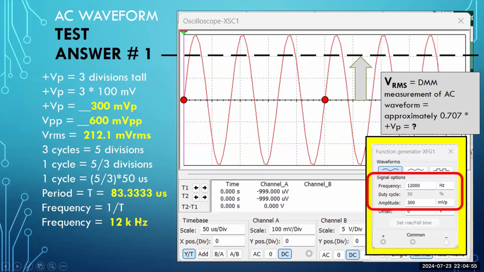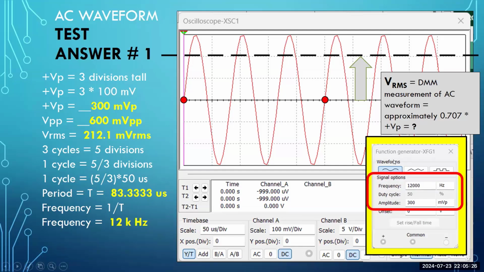So in order to do this correctly, as you look at the time base is 50 microseconds. And then you multiply that by the value of 5 divided by 3 in parentheses. And then this answer on your display of the calculator will show as 83.33 microseconds. Now, if you then reciprocate that value, you will have 12 kilohertz, okay?